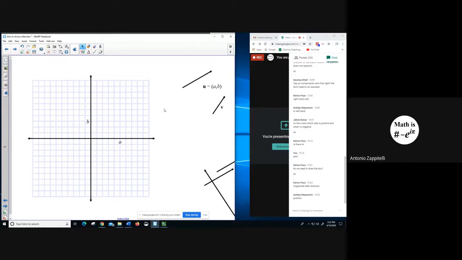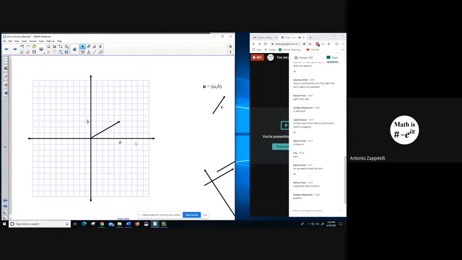Since defining this vector is only about its magnitude, the length of the vector, and the direction where it's pointing, I can place this vector anywhere to define it. And so why don't I just choose to place that vector at the origin?